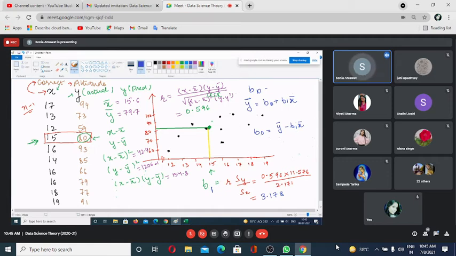My value after substituting is coming out to be Y bar is 79.7 minus 3.178 multiplied by 15.6, which is equal to, my value is coming out to be 30.123.